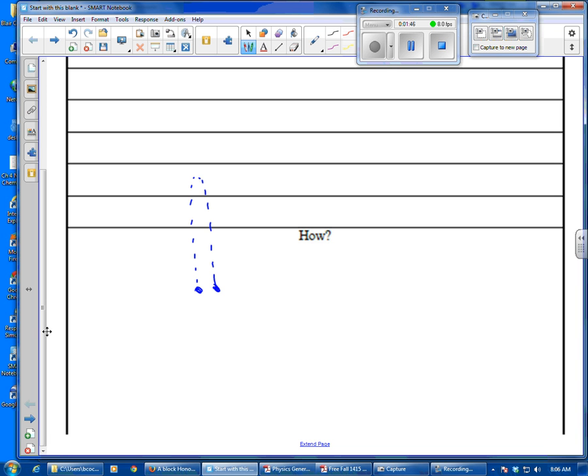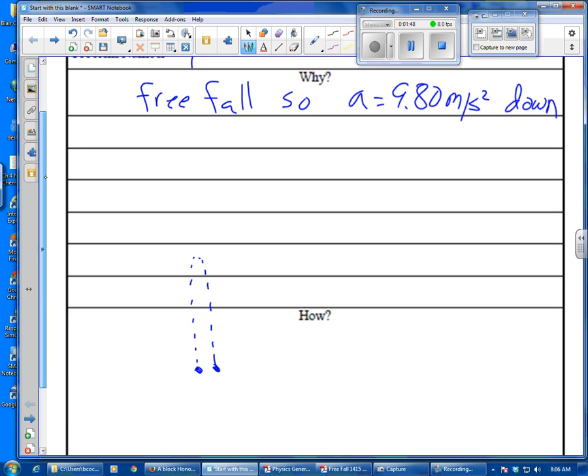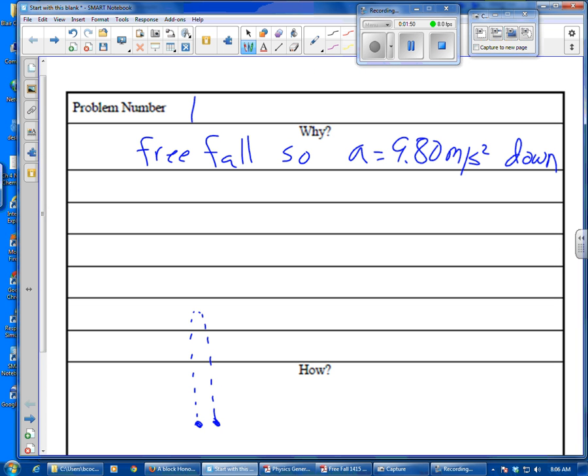All right? Because if we don't, it's unable to be done. So I'm just going to put that in: lands at the same place, let's say, as started. So it started at shoulder height, and it comes back down to that same height.